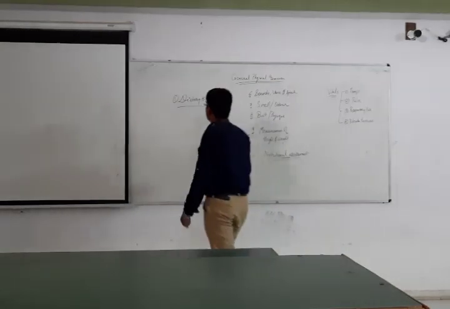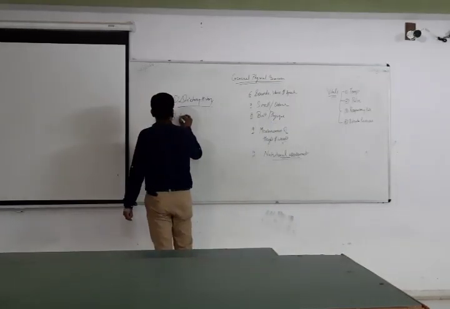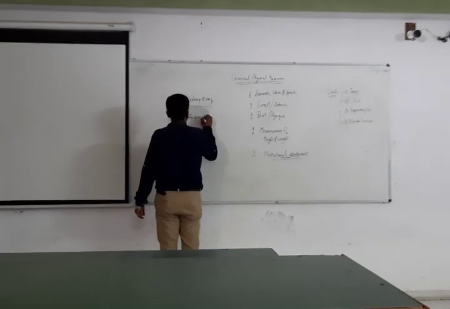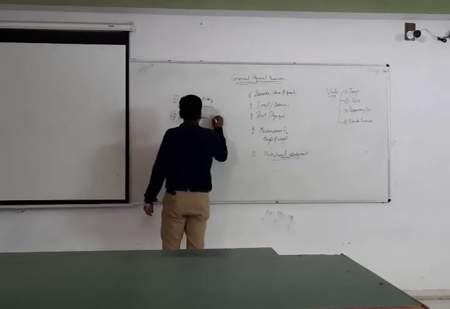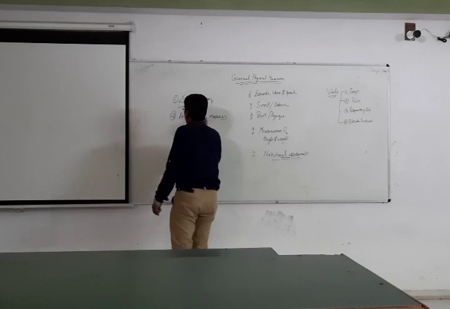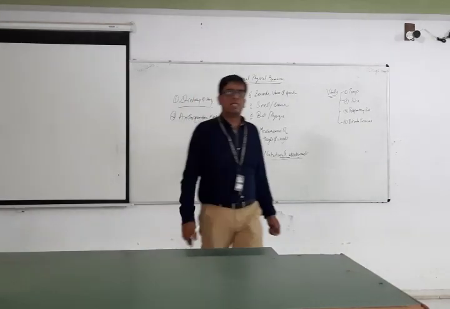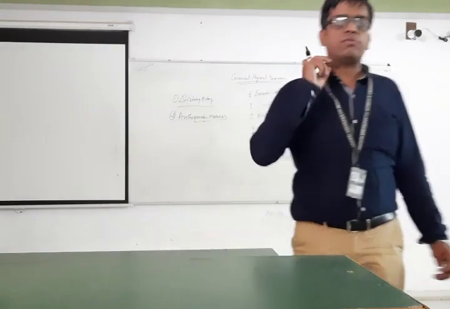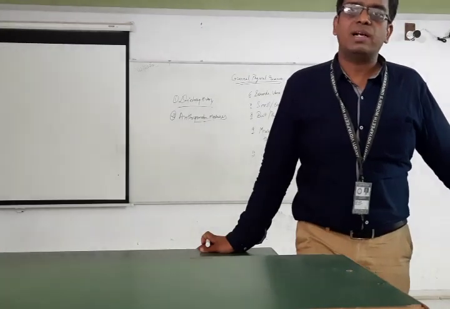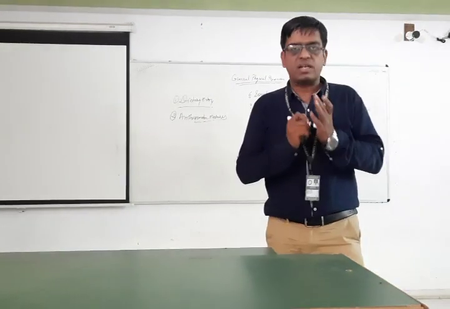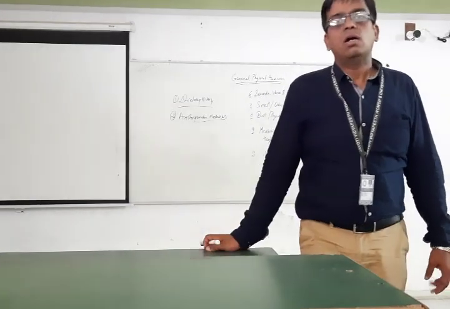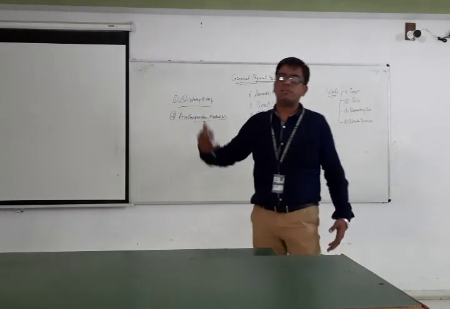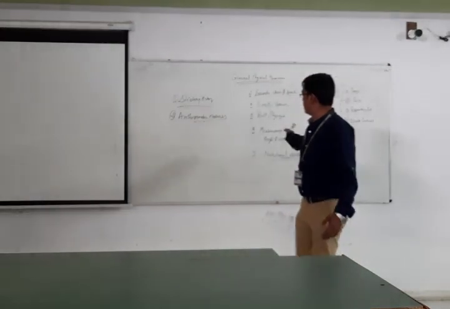The second thing is anthropometric measures. Anthropometric measures are basically the things that help you check the various developmental milestones, and various height-weight ratios that we have already discussed.